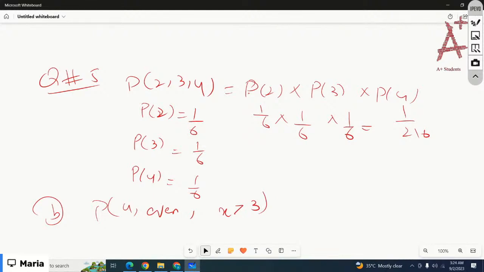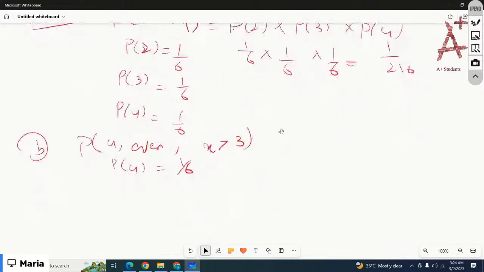So the probability of 4 is 1 out of 6 and the probability of even is 3 out of 6, right? Because out of the 6 numbers, 3 of them are even. So it will be 3 over 6 or 1 over 2, right? And then the probability of a number greater than 3.